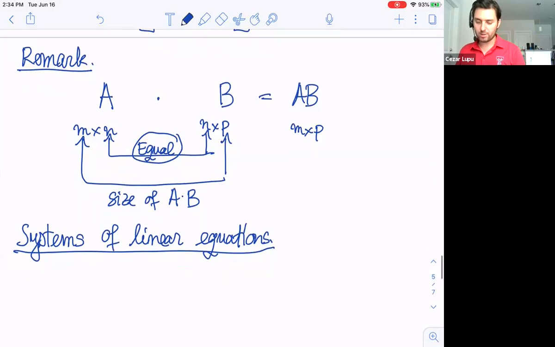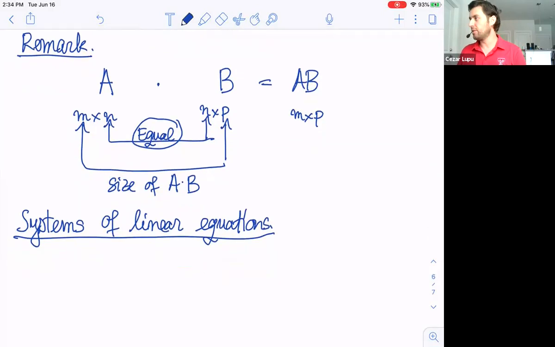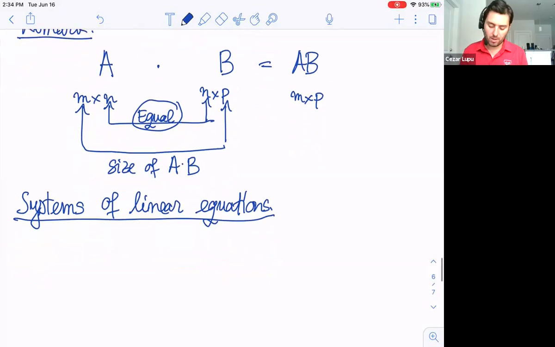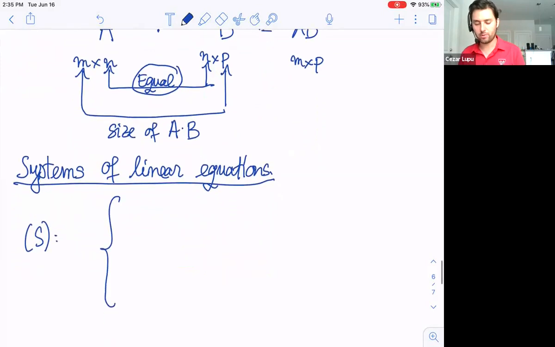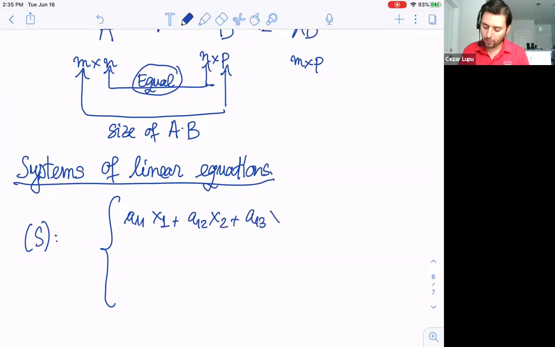Remember that we wrote a system of linear equations in the following way. So let me go back and write it the way we learned to write it. And I'm not gonna write it in its most general form. I'm just gonna do a 3 by 3. So it's A11x1 plus A12x2 plus A13x3 equals B1.